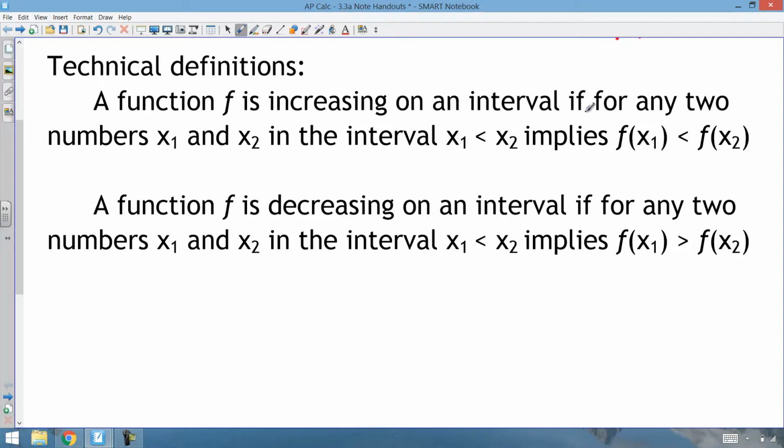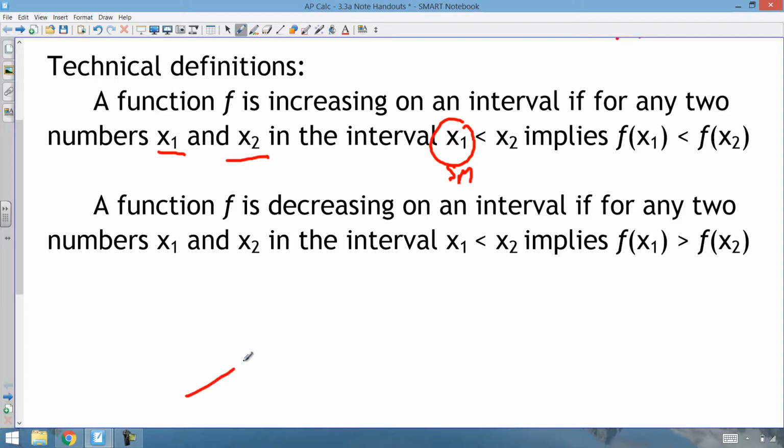So a function is increasing if for any two x's, here's an x and here's an x, two different x's, where this x is smaller, this is the smaller y value. So it's increasing on an interval only if it's increasing the whole entire time for any two x's.